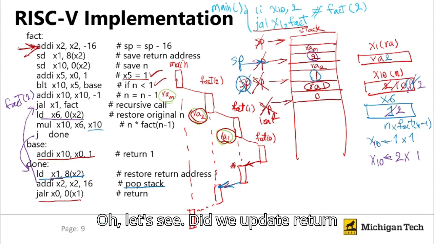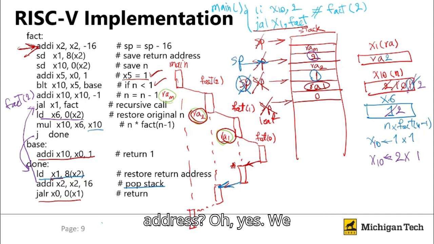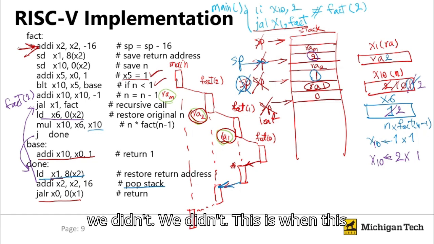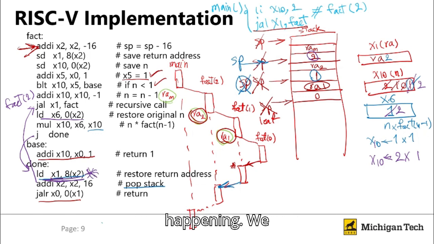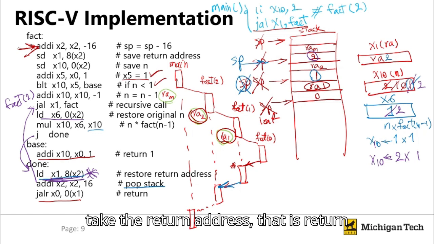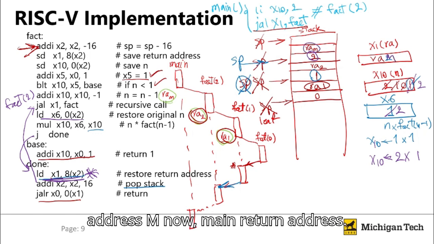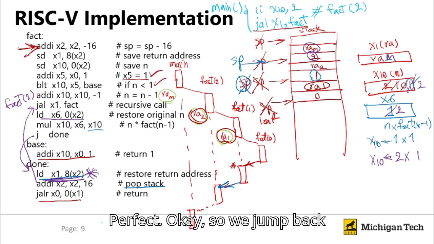Did we update the return address? Yes, we also need to update the return address. We take the return address, which is return address M, the main return address. Perfect.